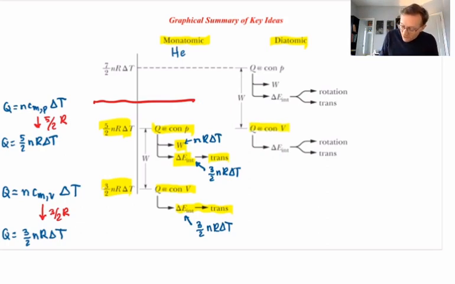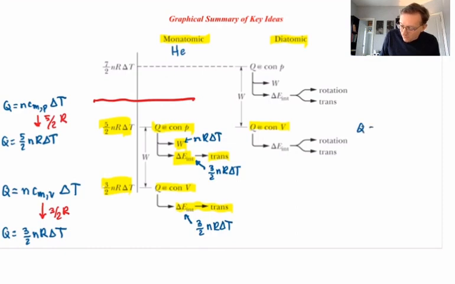So then again, you start with the formula Q equals n CmV delta T, and you use our result for CmV, F over 2 times R, but now the F is 5, because the diatomic molecules can translate through space, F equals 3, and have rotation about 2 axes, so that's 2. 3 plus 2 is 5.